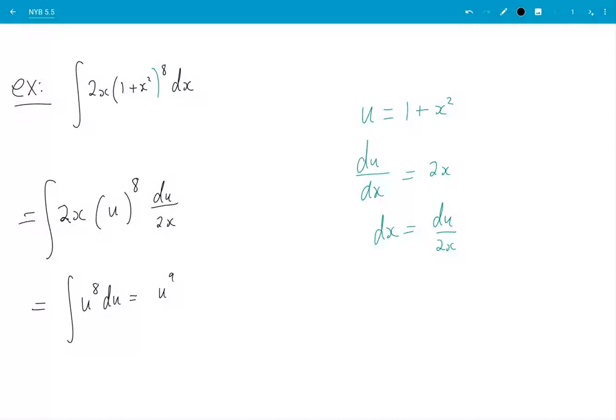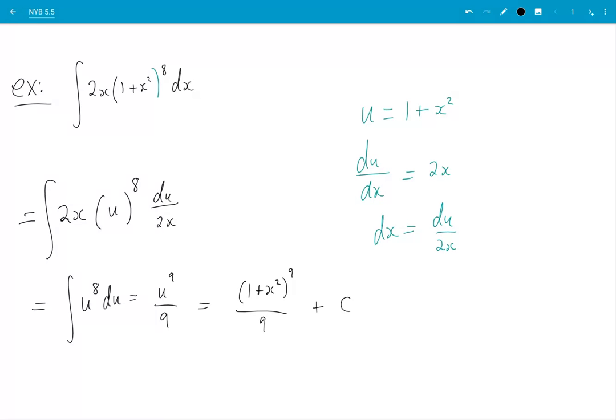And I get u to the 9 over 9, which is 1 plus x squared to the 9 over 9. Bada boom plus c. Looks good. Okay, so that's the basic outline of the technique.